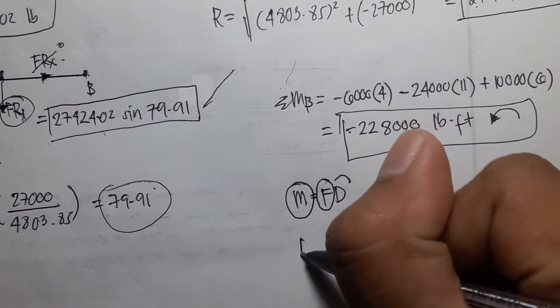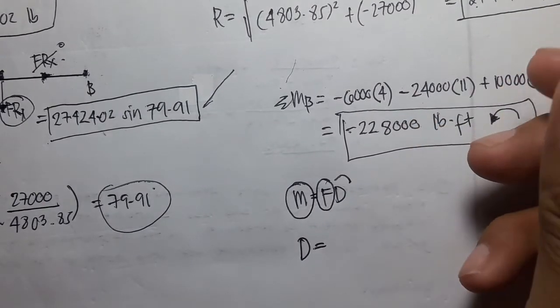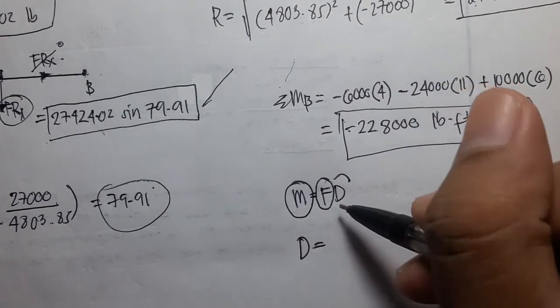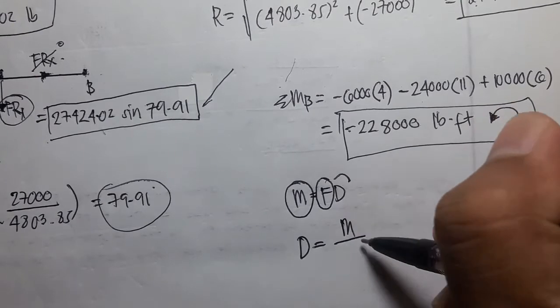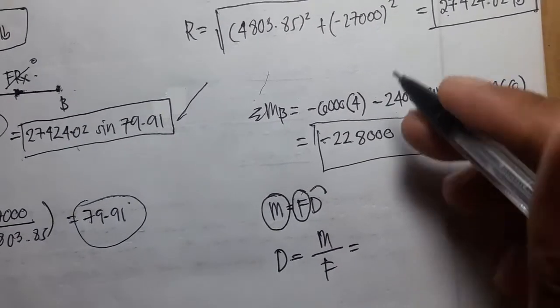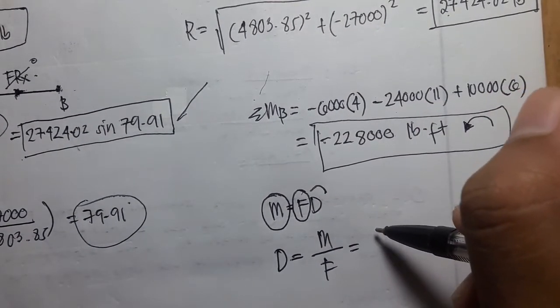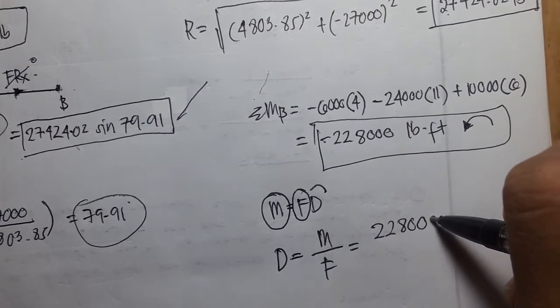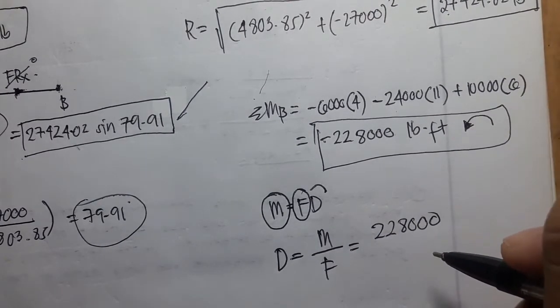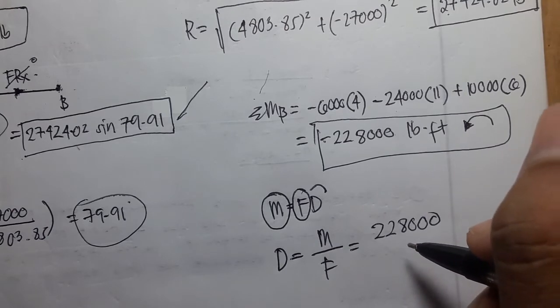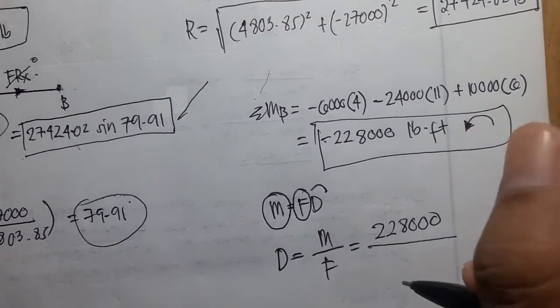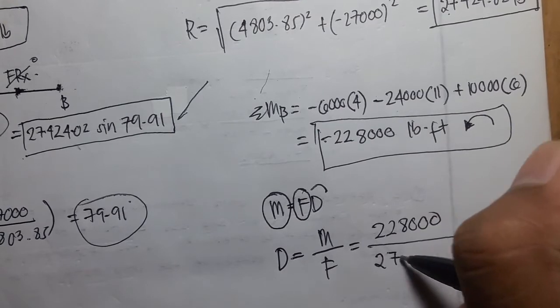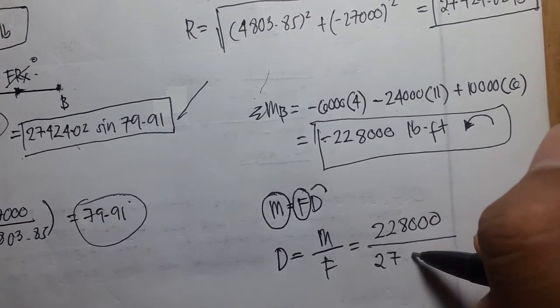So we can now solve for the distance. The distance is moment over force, so 228,000 over 27,000.